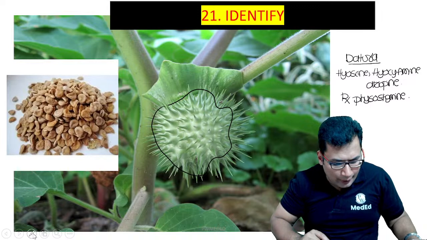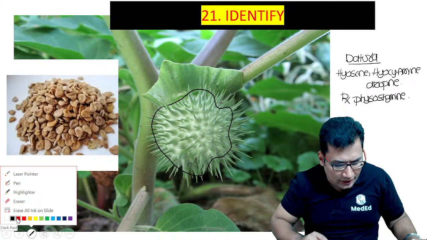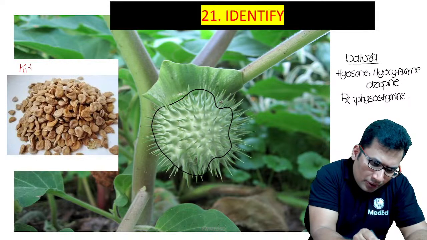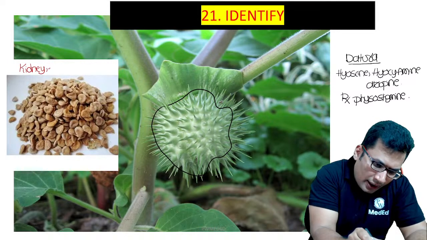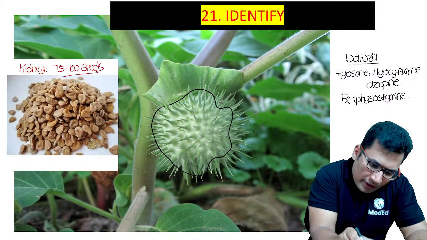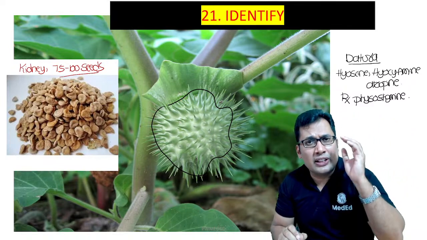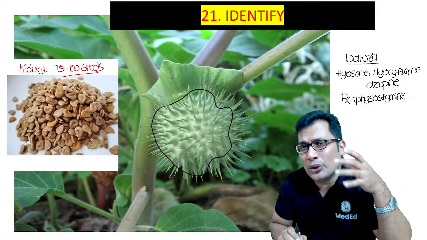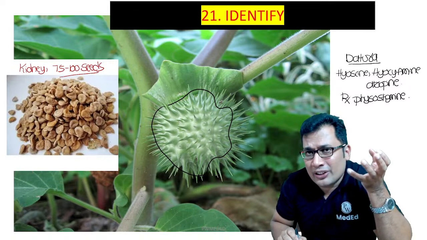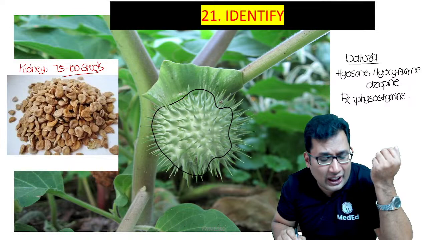One more point I am going to discuss here. The seeds are kidney shaped. The fatal dosage is 75 to 100 seeds. It is used as a road poison, in robbery, in kidnapping, sometimes in sexual assault or in kidnapping children.